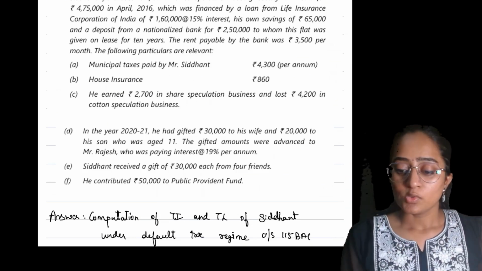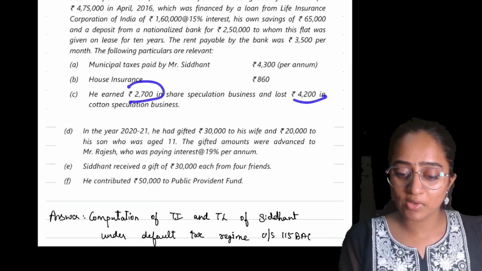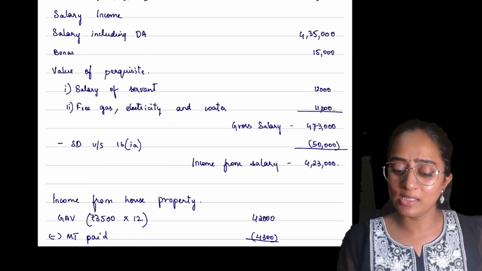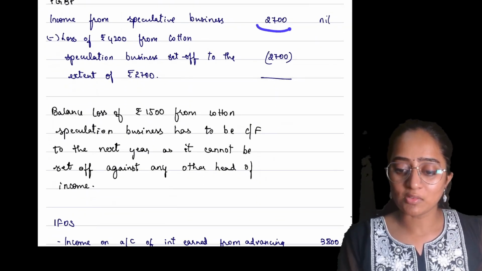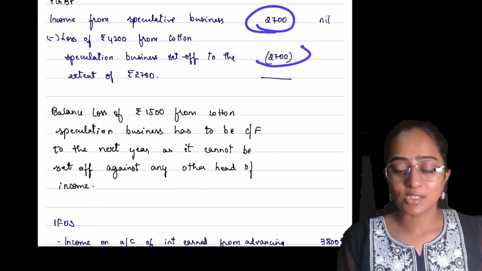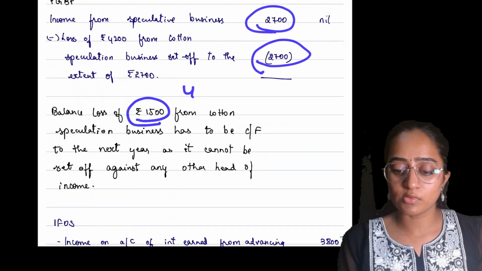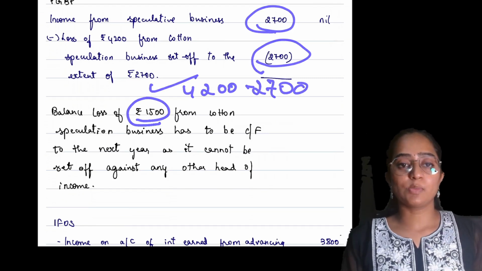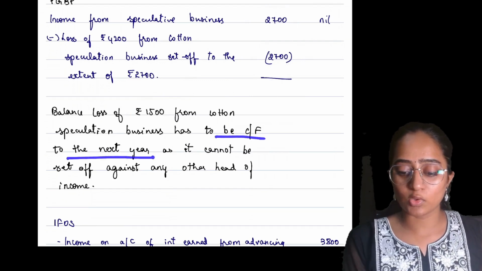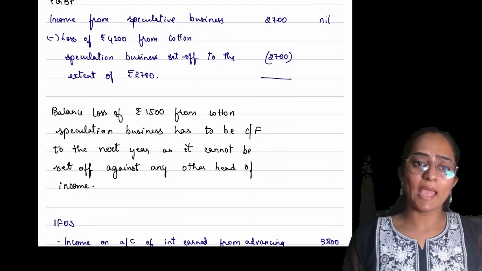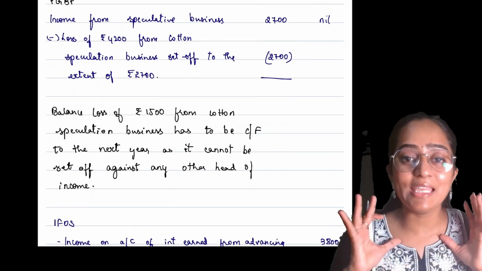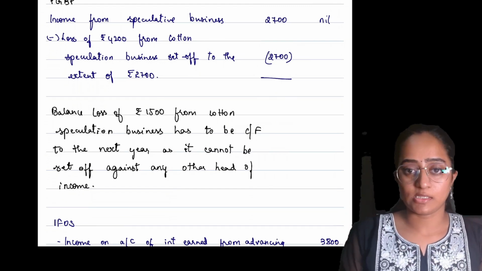So, can I set off 2,700 against this 4,200? Yes, you can. 2,700 is the income, and to that extent you will set off. The remaining 1,500, that is 4,200 minus 2,700, from cotton speculation business will be carried forward to the next year, as it cannot be set off against any other income apart from this.